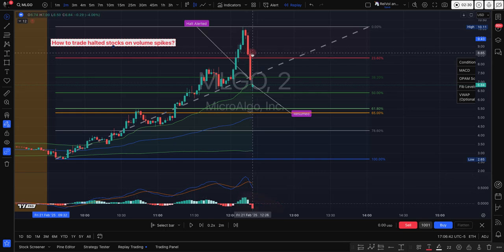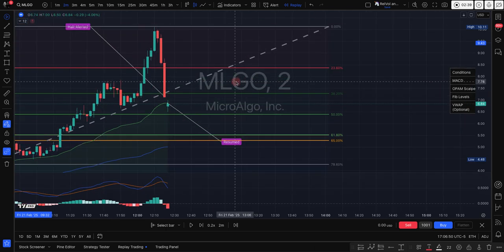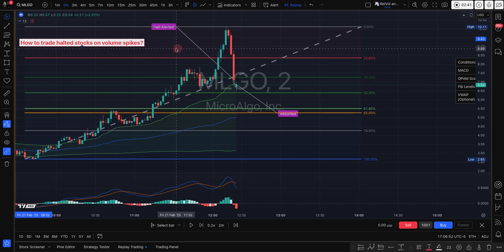That means in TradingView, the opening time is what they show on the bottom, so the ending is 12:18. So you have to understand that. We put the halt alert position there. I would always mark that, because in the future, for different alerts, you need the halted bar to understand what is the highest and lowest.